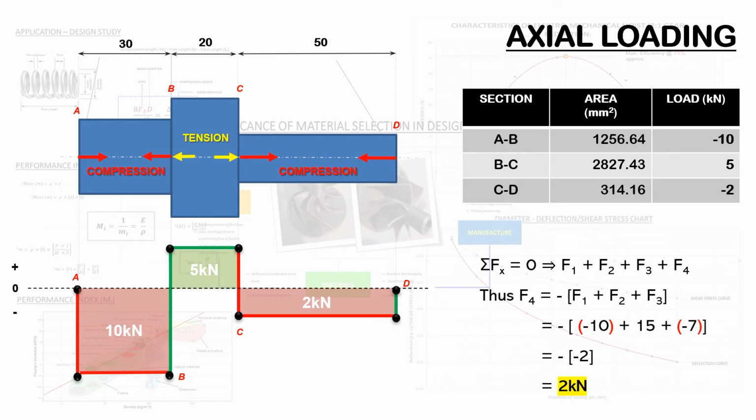BC yields a cross-sectional area of 2827.43, and section CD will give a cross-sectional area, when calculated, of 314.16. So we know what the sectional area is, we know what the internal loadings are, so we can then proceed to calculate what the individual deflections are within each section of the given component.